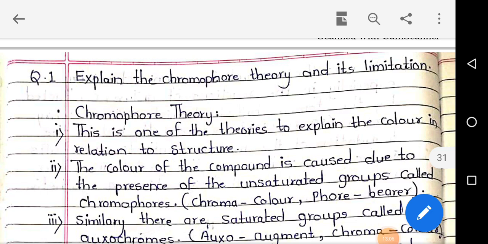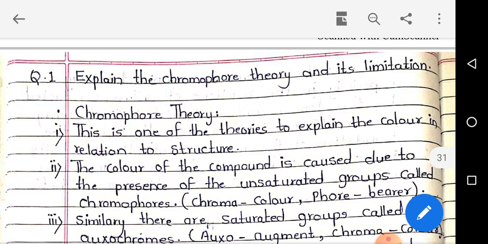We know that if these groups are present on any structure, like C double bond O groups, C double bond O H groups, meaning the aldehyde group, electron withdrawing groups or electron donating groups, that definitely affects the colors and the visibility of those colors.